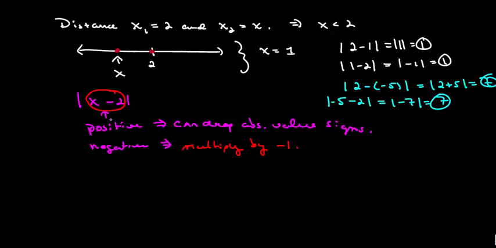So let's go back here and look at this. We've got the absolute value of x minus 2. Now we knew originally that x was less than 2. So if x is less than 2, then x minus 2 must be less than 0 if I subtract 2 from both sides. And since x minus 2 is less than 0, that means that it's negative.